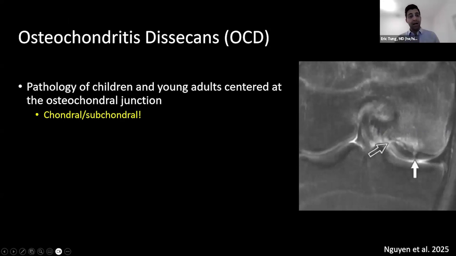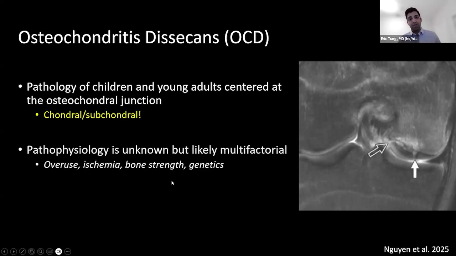And so osteochondritis dissecans, or OCD, is a pathology that occurs in children and young adults and is really centered at this osteochondral junction. So really at the cartilage and at the bone right underneath the cartilage. And so the pathophysiology remains unknown. There's likely multiple factors that play into it. People think about overuse as an inciting factor, something that may contribute.